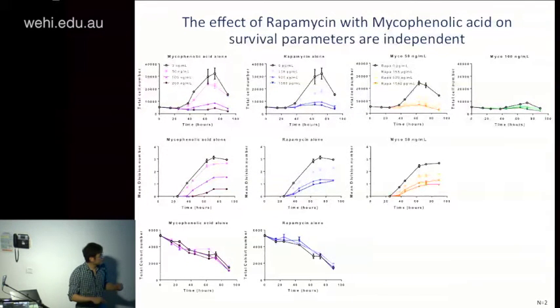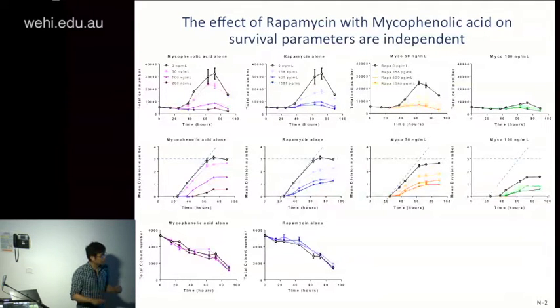If you were to examine their effects on proliferation, you can see that dose-dependently, rapamycin decreases the number of times cells divide, and also increases the time it takes for cells to enter division. And if you increase the mycophenolic acid concentration, you still see the same effect by rapamycin.